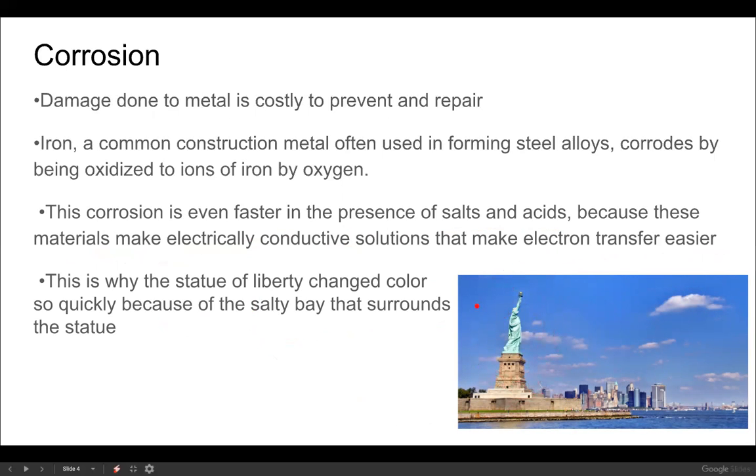Originally, it was bright and very, very lustrous, and it was this deep bronze color. But over a very short amount of time, it started to corrode. And that's because of the water that surrounds it. And that water is what? Salt water, which really increased the reaction of this corrosion.